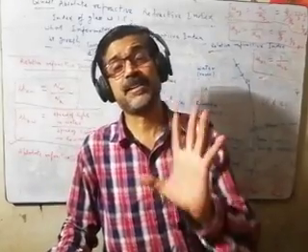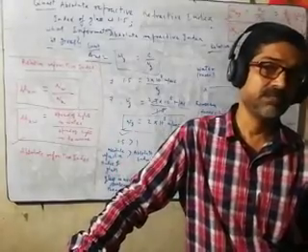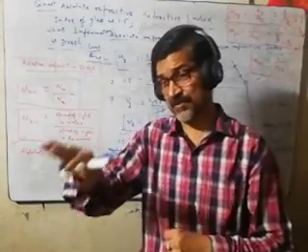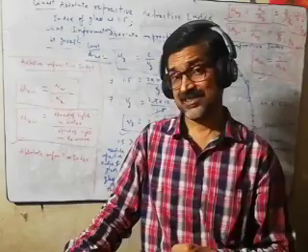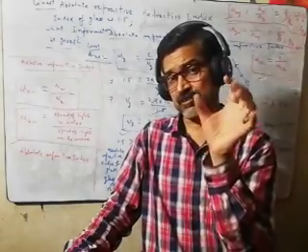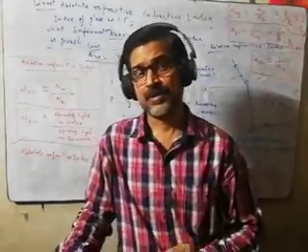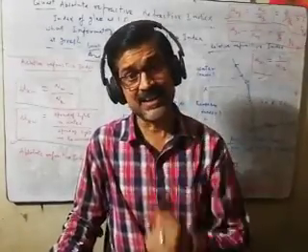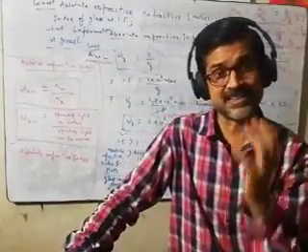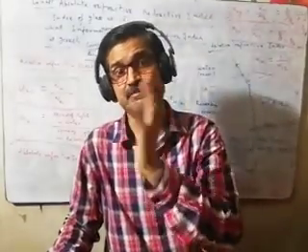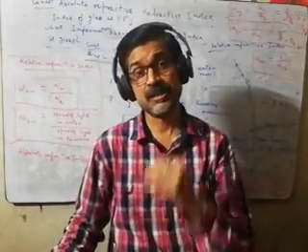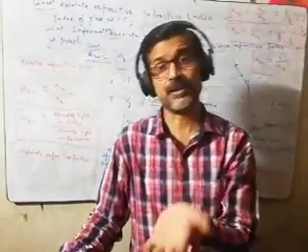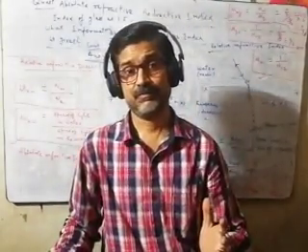There are two types of refractive index. First, absolute refractive index. Second, relative refractive index. And both give an idea of the optical density of a particular medium in comparison to vacuum or in comparison to any other medium.